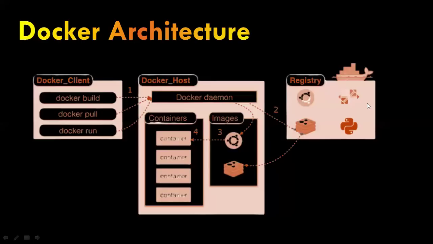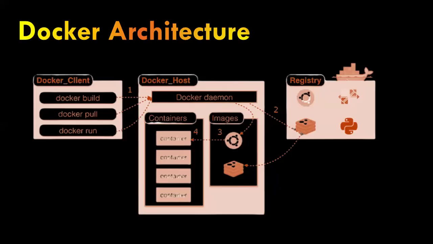And then there are the registries, right? This is where you store your Docker images. Once you build your Docker image, you store it in a registry. There is something called Docker Hub. It's a public registry. Anyone can use it. Once you containerize your model, you can store it in Docker Hub, but it is not secure.